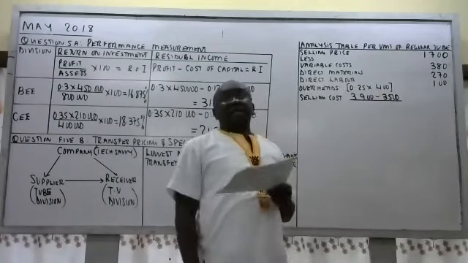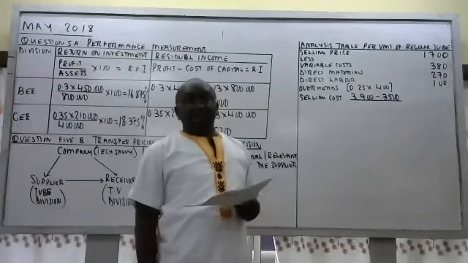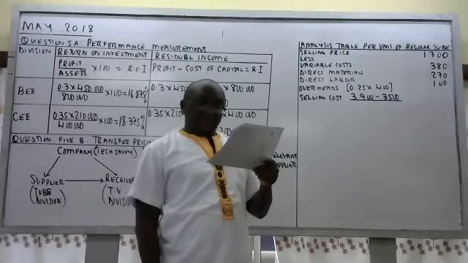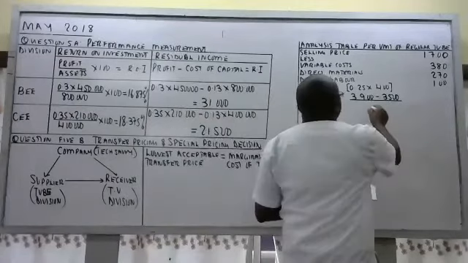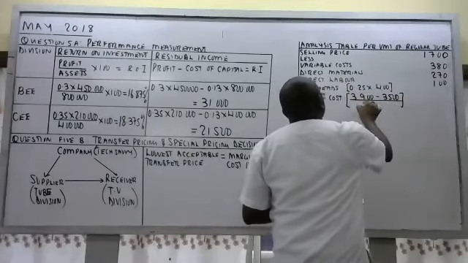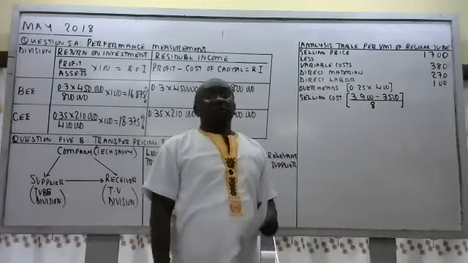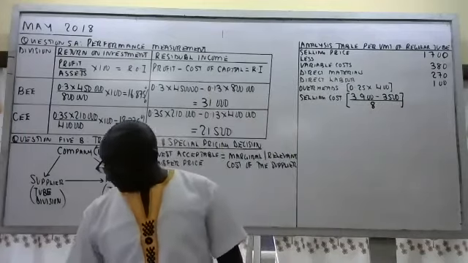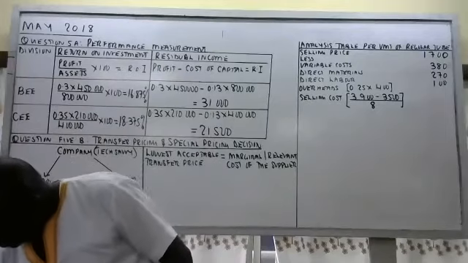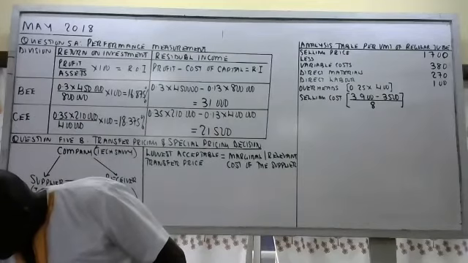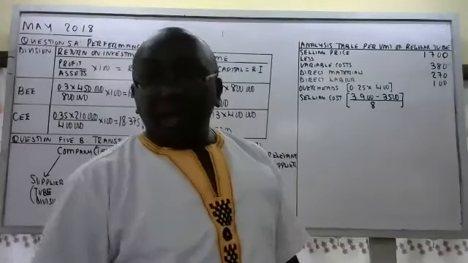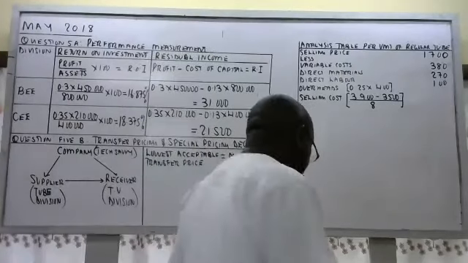So when you subtract, the difference is the variable component. Now that variable, you divide by the number of tubes, which we are told are 8,000. You divide by 8, and we get 50.